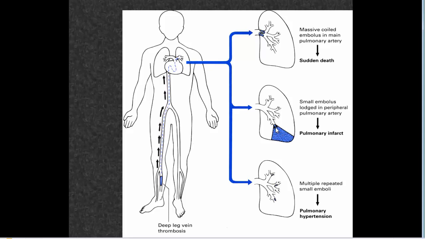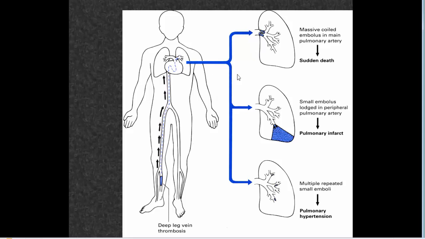Here the left pulmonary artery divides into left upper and left lower, and the left upper divides into the upper lobe segments and lingula. Multiple repeated emboli in small branches give pulmonary hypertension. A massive coiled embolus in the main pulmonary artery gives sudden death.